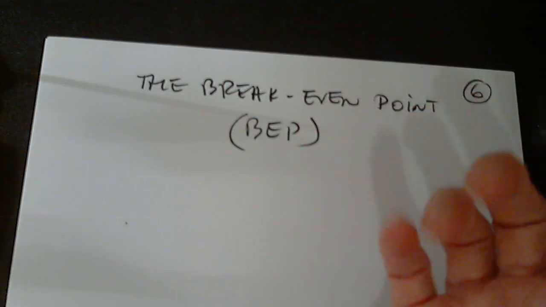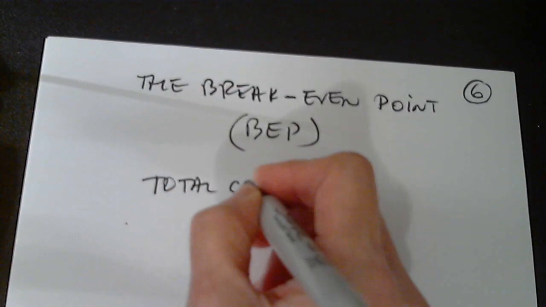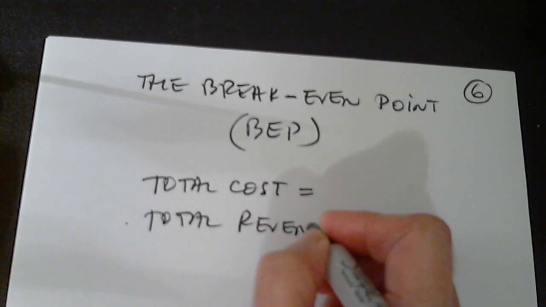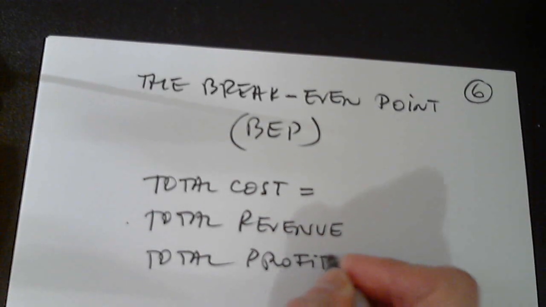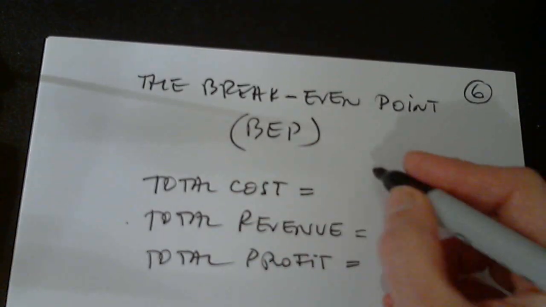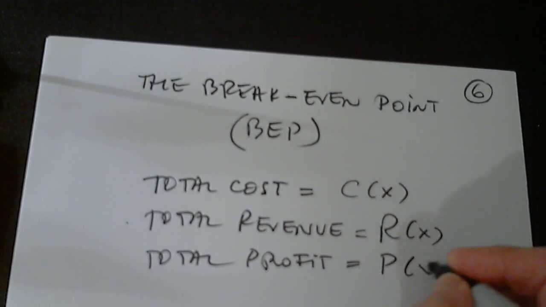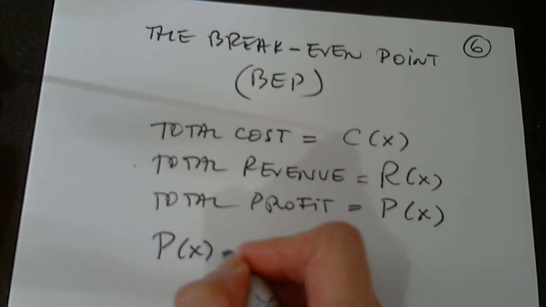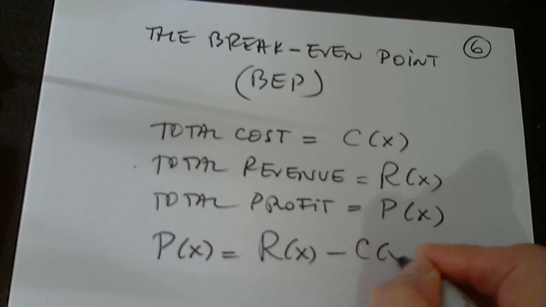Well, it involves 3 functions: total cost, total revenue, and total profit. They're labeled as C of X, R of X, and P of X. And there is a relationship among these three. The profit is always the revenue, money coming in, minus the cost.